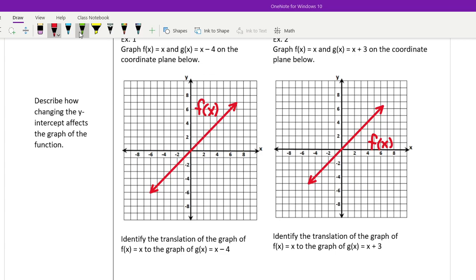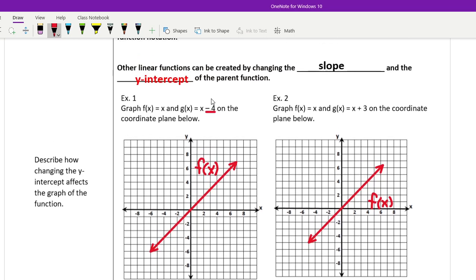When we are only changing our b value, we are only going to take this line and move it up or down the y-axis.